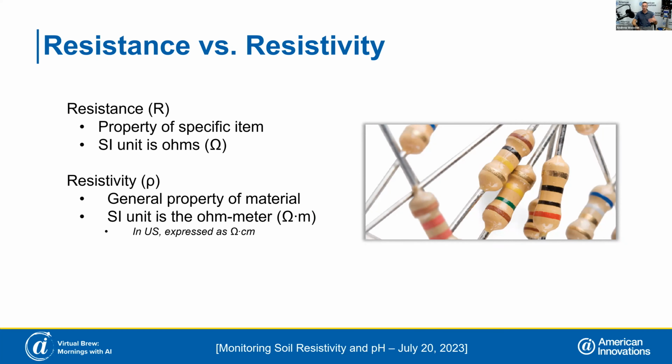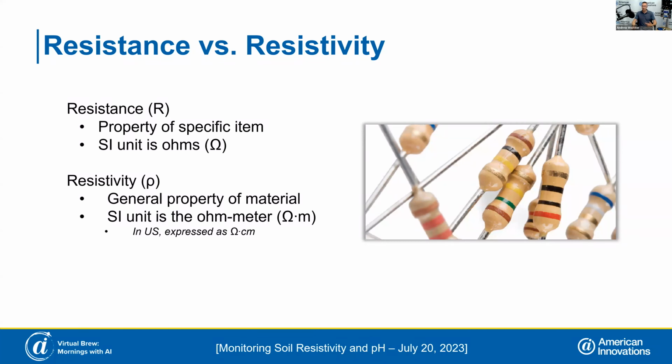And this is the more appropriate measurement that we use for soil, because the soil conditions around a pipeline or some other oil and gas asset can change dramatically depending on where you are. So it's good to get an average resistance through that soil, since it's not a homogeneous type of material.